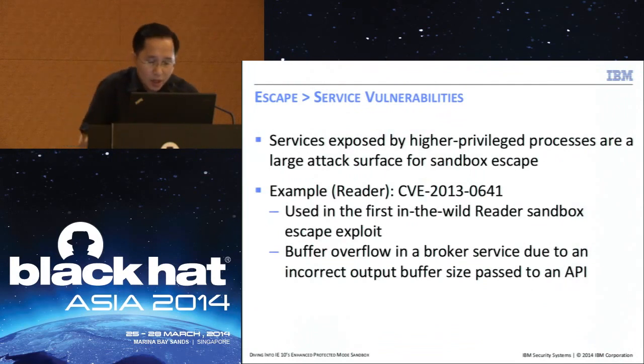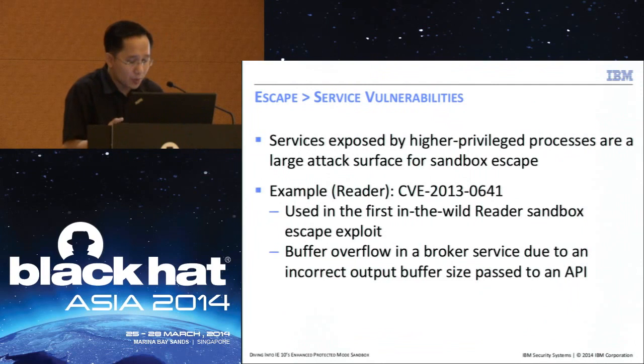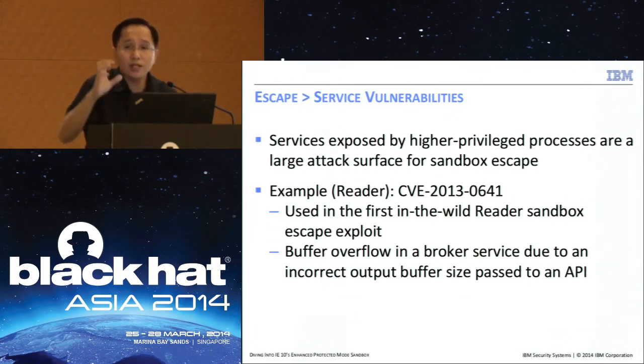And finally, the services exposed by higher privilege processes are a large attack surface for sandbox escape. Earlier, I discussed the different services exposed by the IE broker process. Those services run in the privileged broker context, use untrusted data as input, and are reachable via the COM IPC or the shared memory IPC.